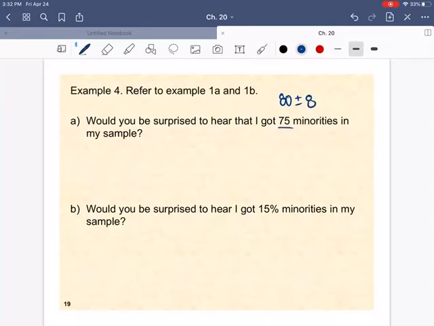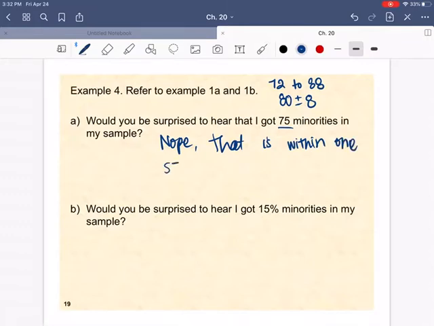It says, would we be surprised if we got 75 for a minority? Nope, that's within one standard error, because 80 minus 8 is 72, 80 plus 8 is 88. So, nope, that is within one standard error.